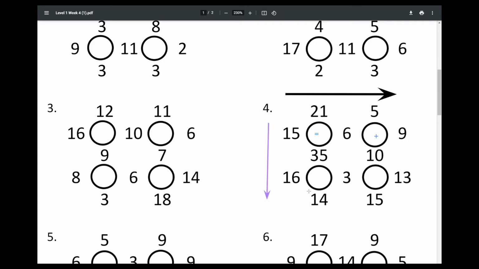Yeah, good job. 21 equals 35 minus 14? What do you guys think? Thumbs ups or thumbs downs?